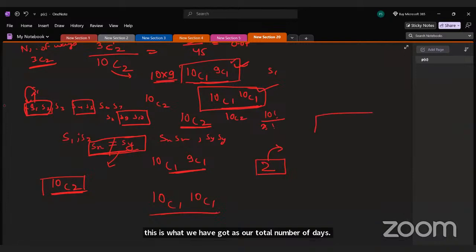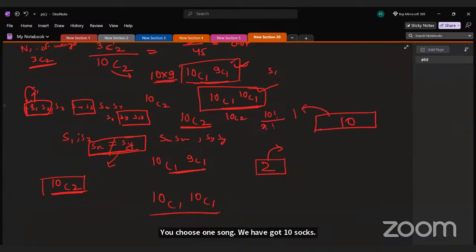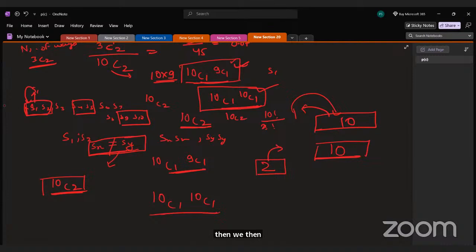You choose one sock, we have got 10 socks, bring out one sock, and then keep it back. Then only we have these 10 socks again. Then only the first sock which we choose gets replaced again. Then only we have an option of 10 choices for the second sock too.